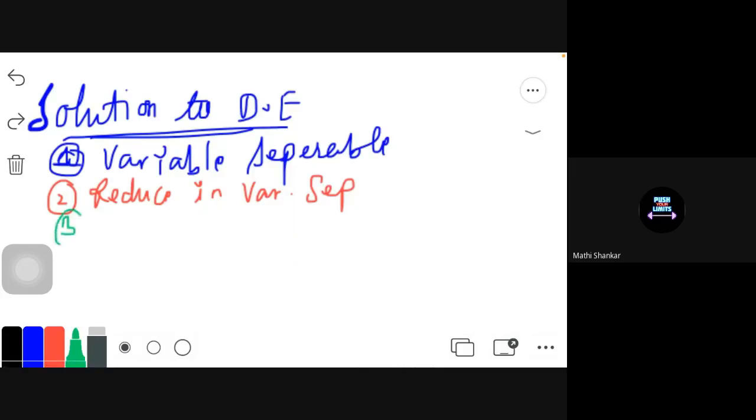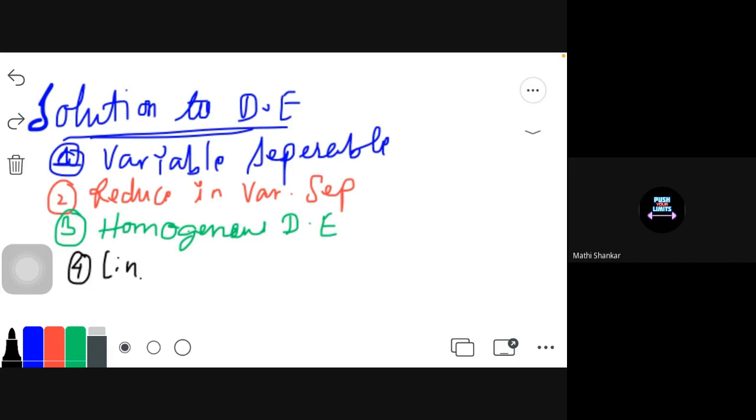The third type of numericals is homogeneous differential equation. Then you have linear differential equation, I write it as LDE.